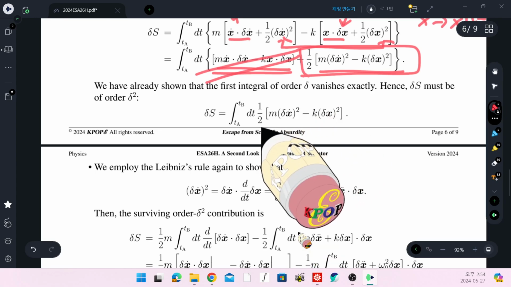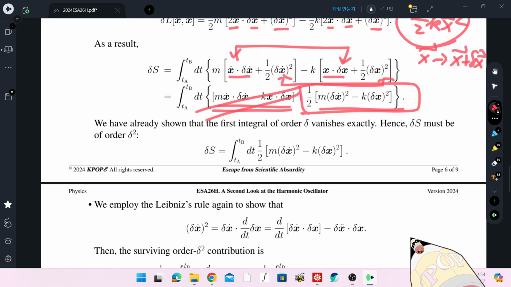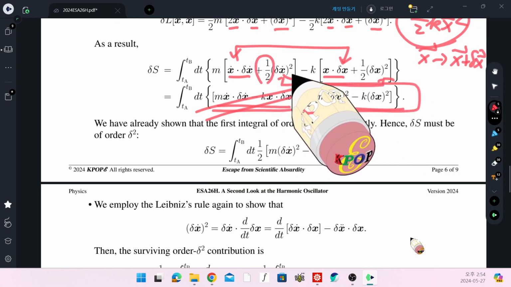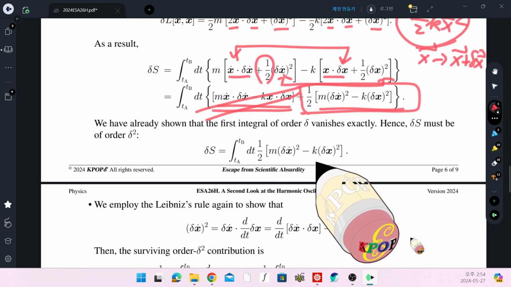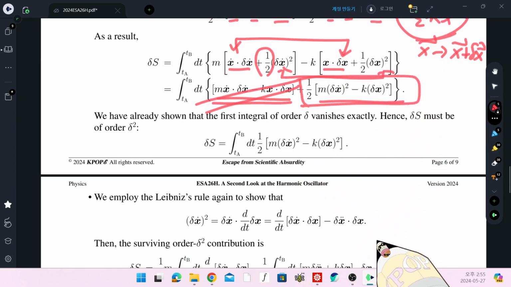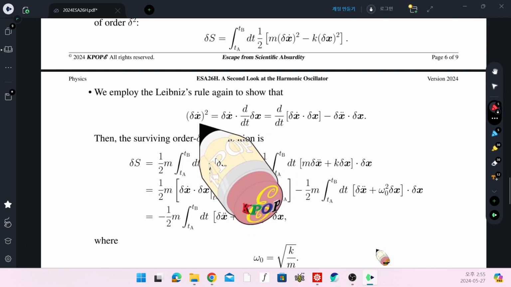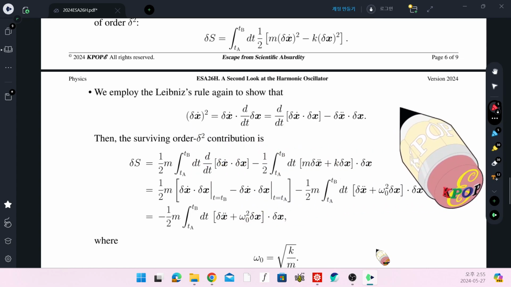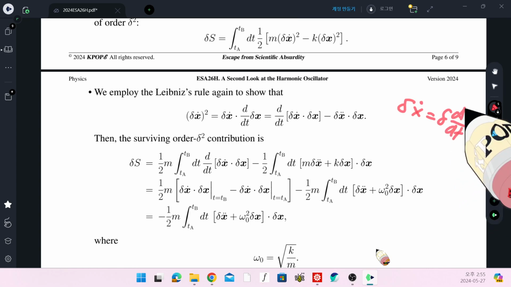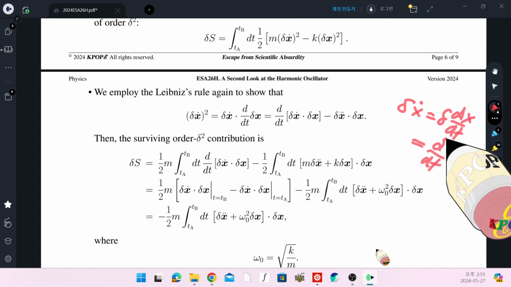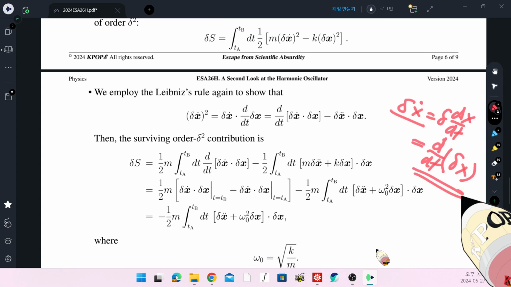So 1/2 m delta x dot squared, subtract k, the spring constant, times delta x squared. All right. Now the Leibniz rule can be used, because delta x dot is the time derivative of delta x. This one is defined by this.